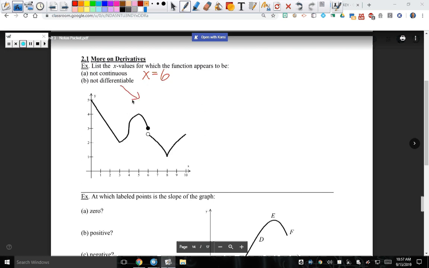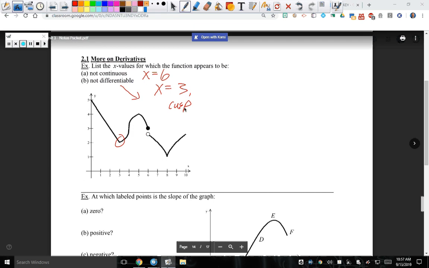Differentiability. Let's go, Luke. What values do you see that are not differentiable? Luke. John, let's go. 3. All right, so 3 is one of them. So we'll say x is equal to 3, and why is that not differentiable? Because it's at a point. It makes a hard turn. Okay, so cusp. Okay, let's go back to Luke.